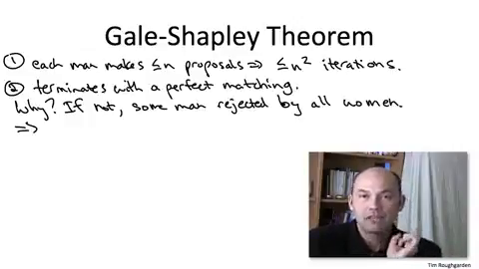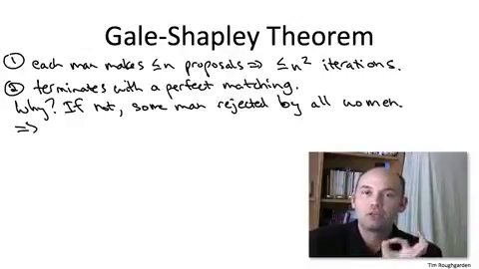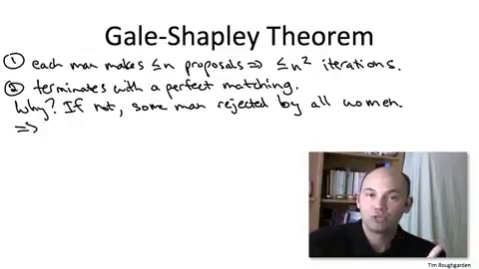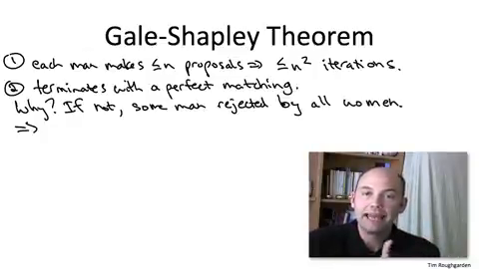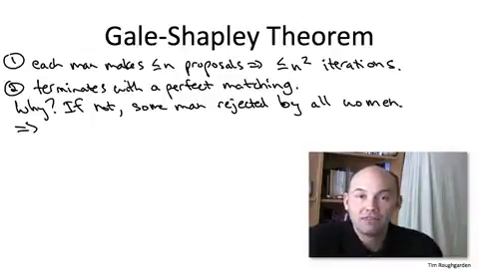Moreover, if you inspect the algorithm, you'll notice that once a woman is engaged to somebody, she will remain engaged forevermore. The only thing that changes is the woman is engaged to men that she likes better and better as the algorithm proceeds. So a man rejected by everybody implies that all women get engaged at some point in the algorithm, which means that they're all engaged at the end of the algorithm.